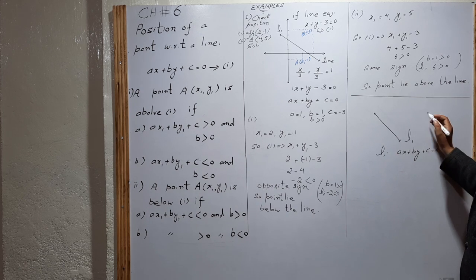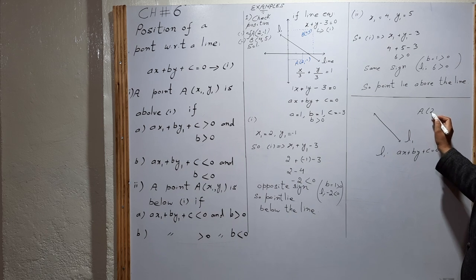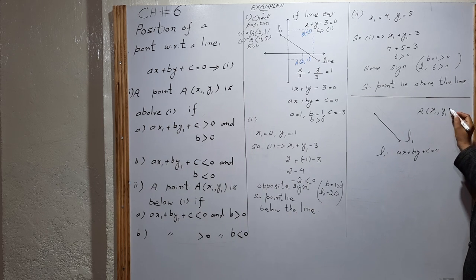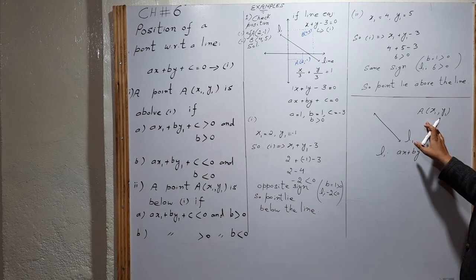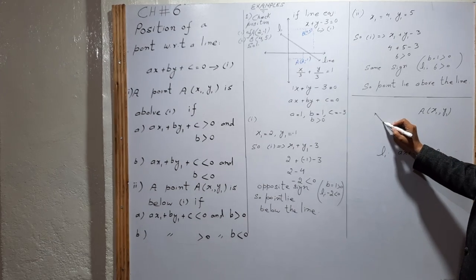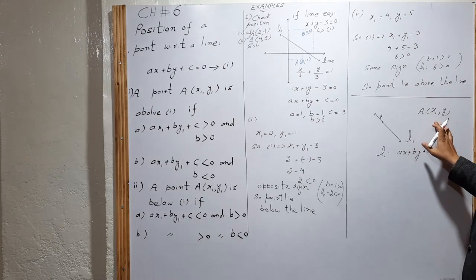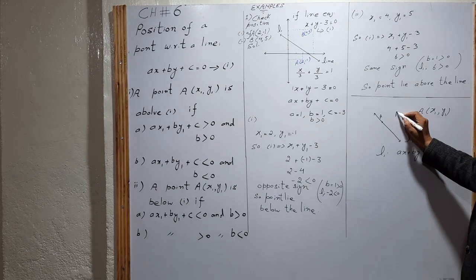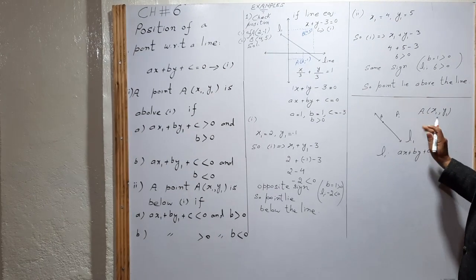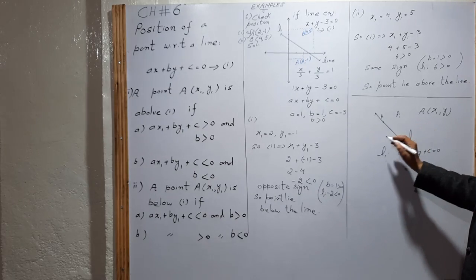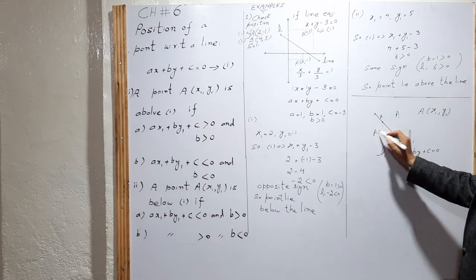And for example, there is a point, say x1 y1. This point may lie on the line, it may lie above the line, and it may lie below the line.